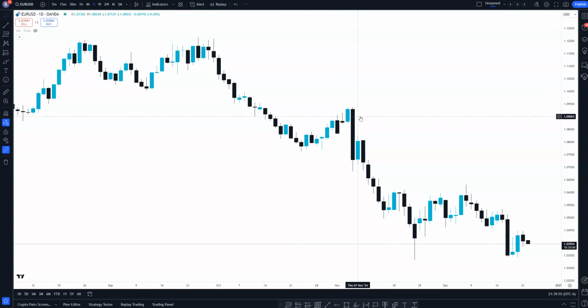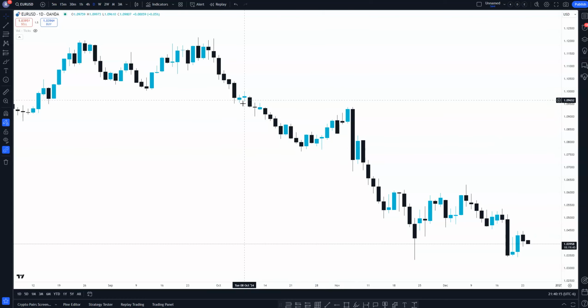Alright, so this is a candlestick. It shows the opening price, the closing price, the high and the low of whatever time frame you're looking at. And for this, it's daily. So this candlestick is from November 6, 2024.